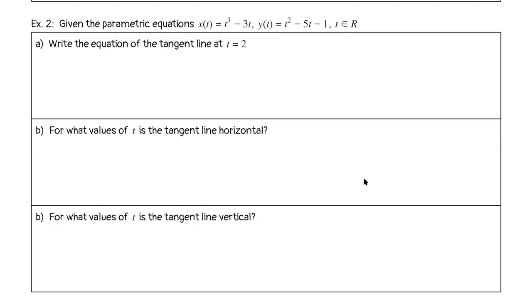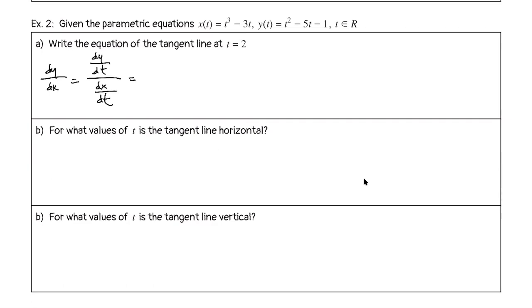Let's start off with the equation of the tangent line at t equals 2. And we're going to use dy/dx equals dy/dt over dx/dt to help us find the slope. So dy/dx equals dy/dt over dx/dt.